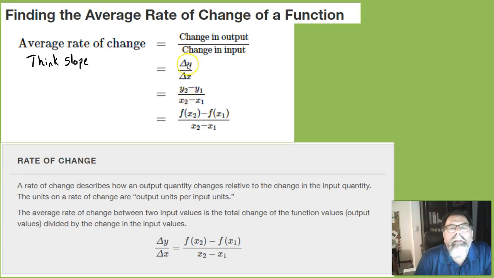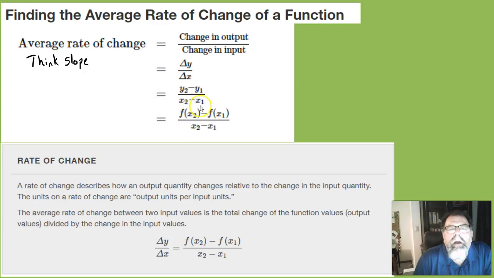If you want to find the change in y, you're subtracting the y coordinates. So if you think of 2 points, this is the slope formula: y2 minus y1 over x2 minus x1, where these are subscripts, y sub 2 minus y sub 1 divided by x sub 2 minus x sub 1. And if we use function notation instead of y sub 2, remember f of x is a y value.